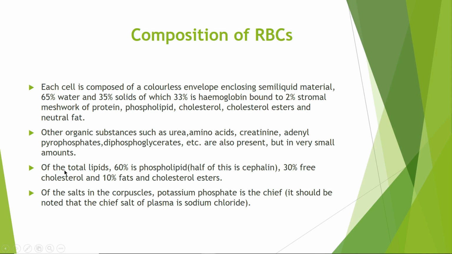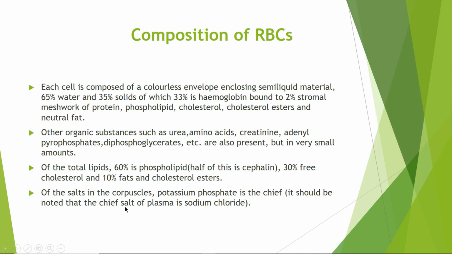You don't need to remember all of these, but just have an idea about the names. Of the total lipids, 60% are phospholipids, half of which is cephalin, so cephalin is found in abundance. Then 30% is free cholesterol, and 10% is fats and cholesterol esters.